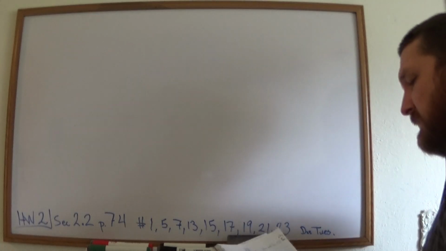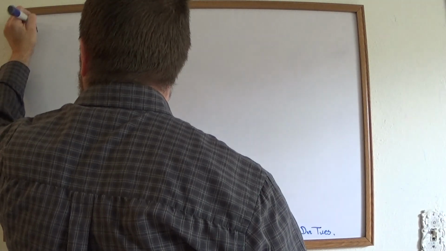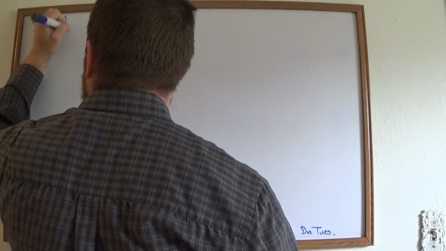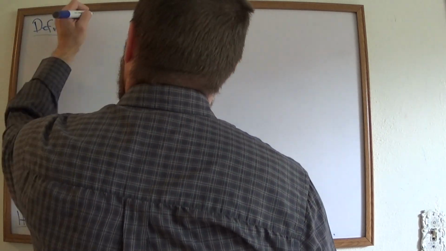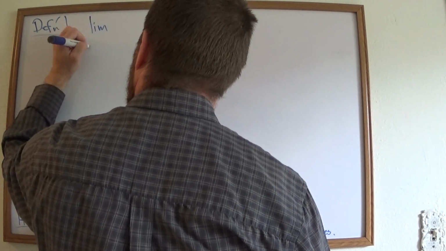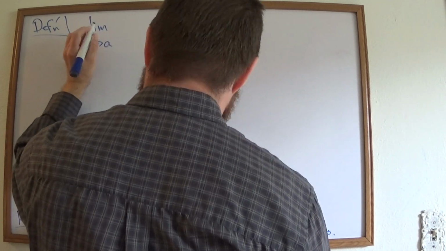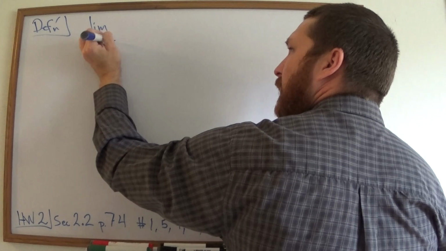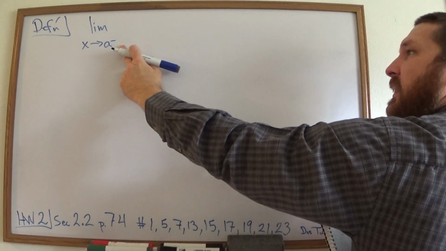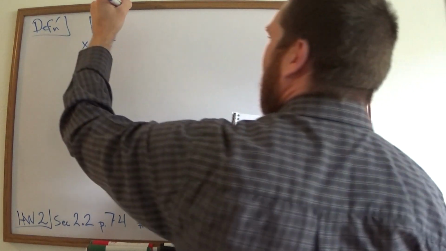One more definition for today. Actually, 2 more, but I'm going to put them both into one. Here's another definition. The limit as x goes to a, see that minus right there? From the left. From the left, thank you.